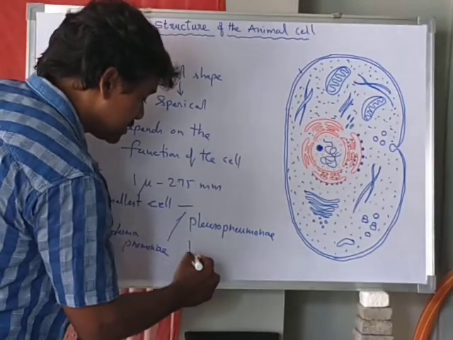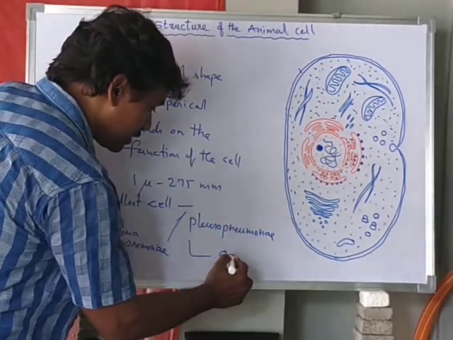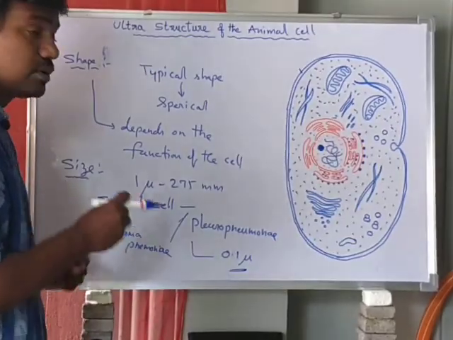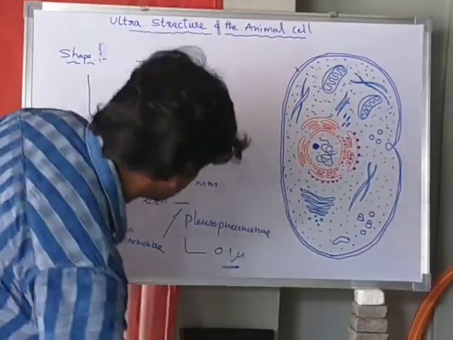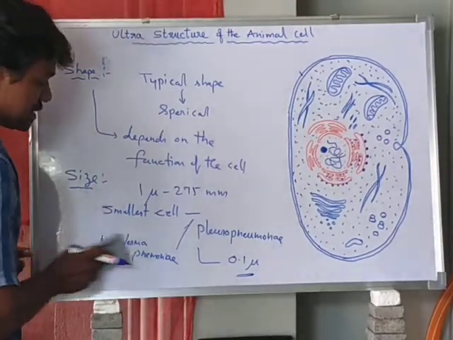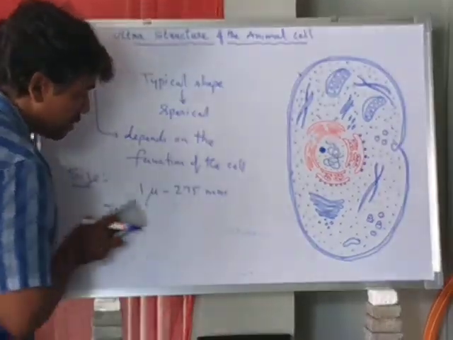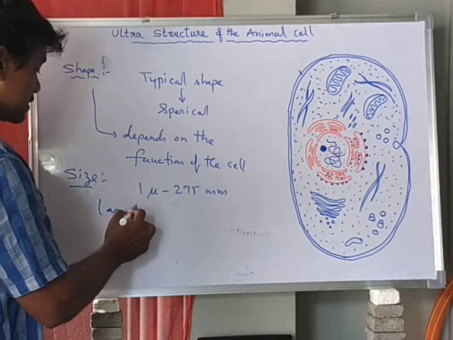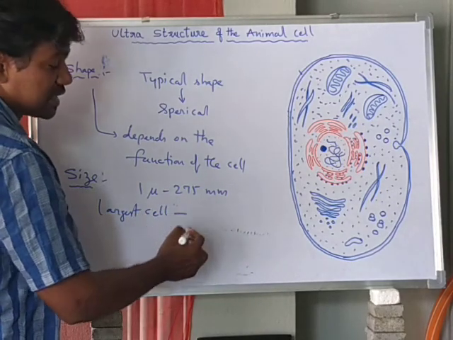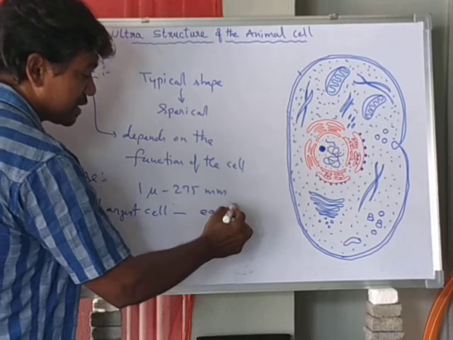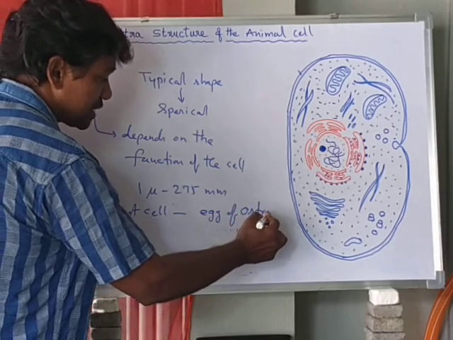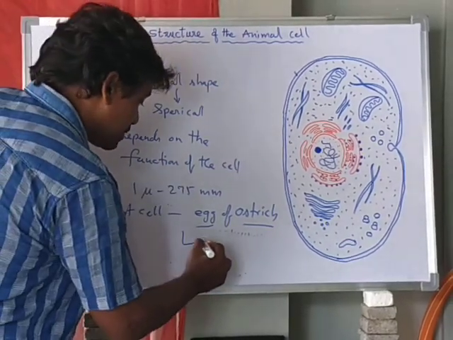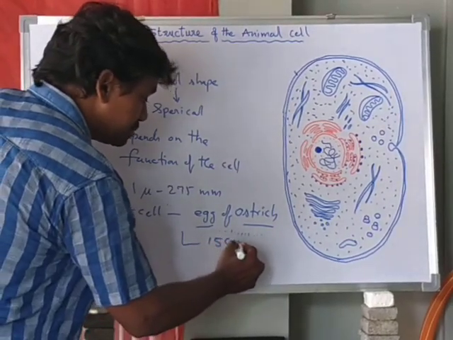It is 0.1 microns in length. Which is the largest cell? The largest cell is the egg of the ostrich, about 15 centimeters.